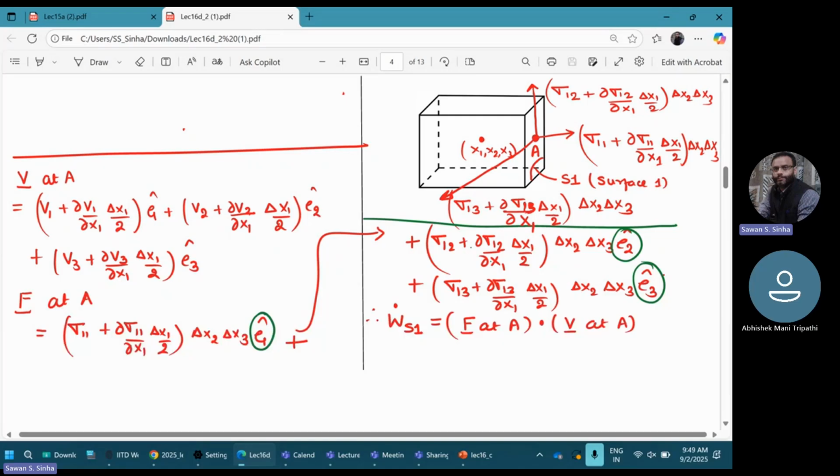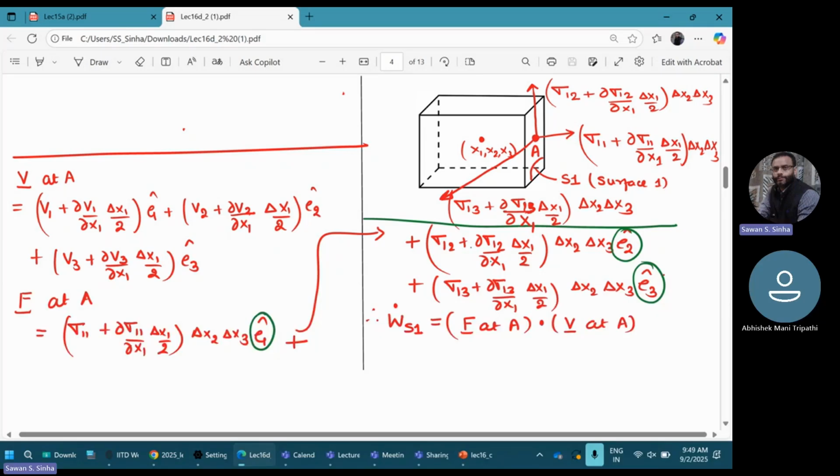Here E1 is there so I am chasing V1, here E2 so I am chasing V2, here E3 so I am chasing V3. And then why does this delta x1 by 2 come? Because A is displaced from Q by delta x1 by 2 in the E1 direction, so that displacement appears the same in all the three components of velocity. Okay, V is done.